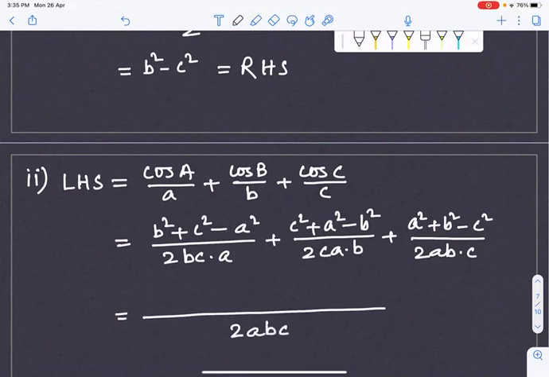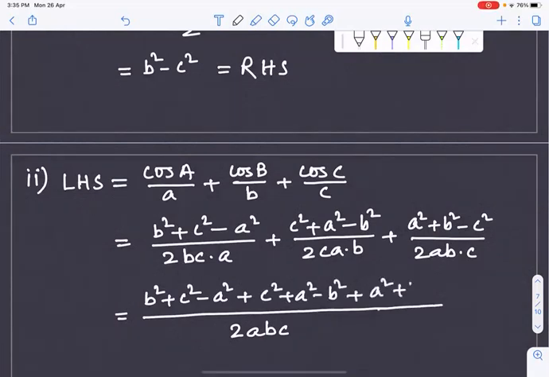Then I will be getting B square plus C square minus A square plus C square plus A square minus B square, and then plus A square plus B square minus C square. So I have just written those terms. Now I can see that this minus A square is getting cancelled with this plus A square. This plus B square is getting cancelled with minus B square.